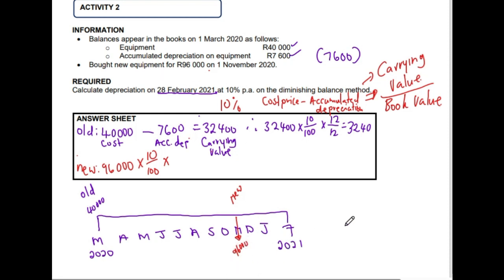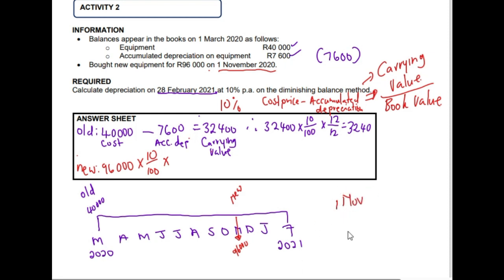Guys, as I always told you, make sure that you master your dates. It was bought on the 1st of November, so we bought it in November, meaning it's available this month of November.